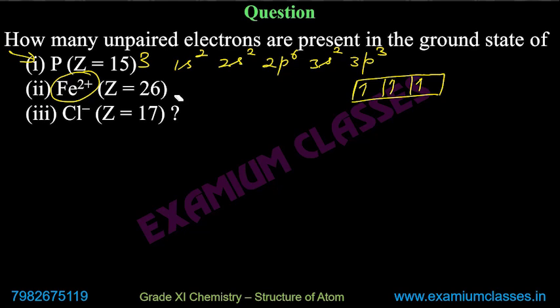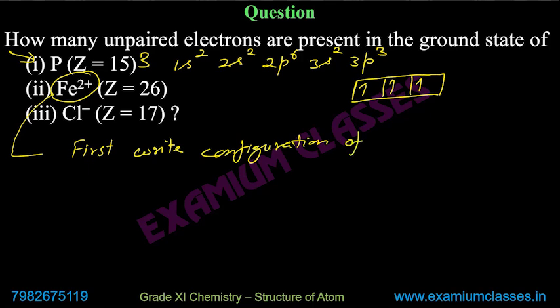So the first rule is, even when it is in ionic form, first write the configuration of the neutral atomic form only.